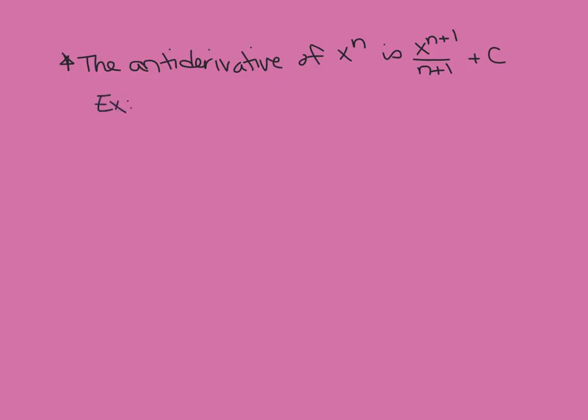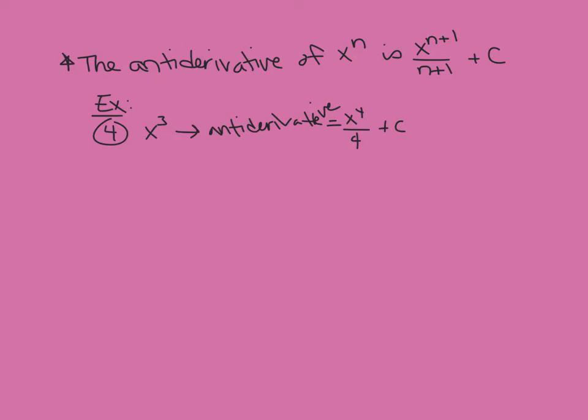So, for example, if you have, I think we're on number 4, if you have x to the third, the antiderivative is going to be x to the fourth over 4 plus c. I spelled antiderivative wrong. Sorry about that. You can tell that that's the answer because if you were to take the derivative of x to the 4 over 4, you would get x to the third.